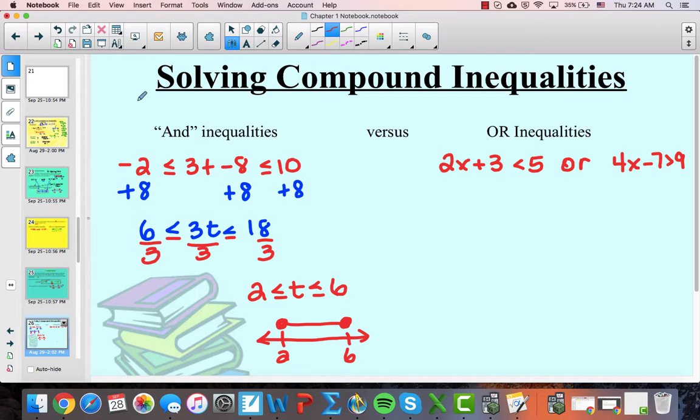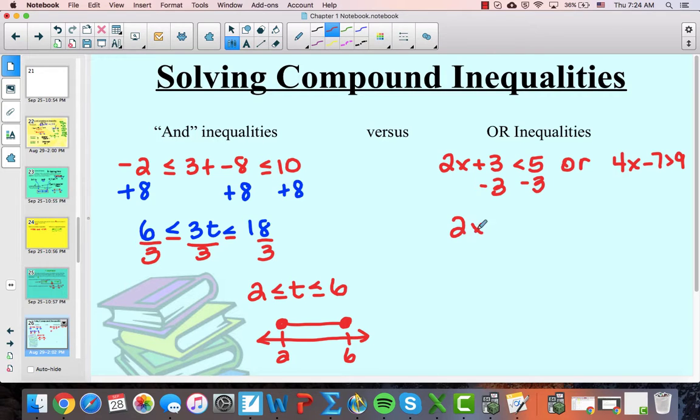All right, and these are less thans. Okay, "or" inequalities, we call them greater thans. Okay, we have 2x plus 3 is less than 5, or 4x minus 7 is greater than 9. So let's fix this. We are going to solve each one individually.